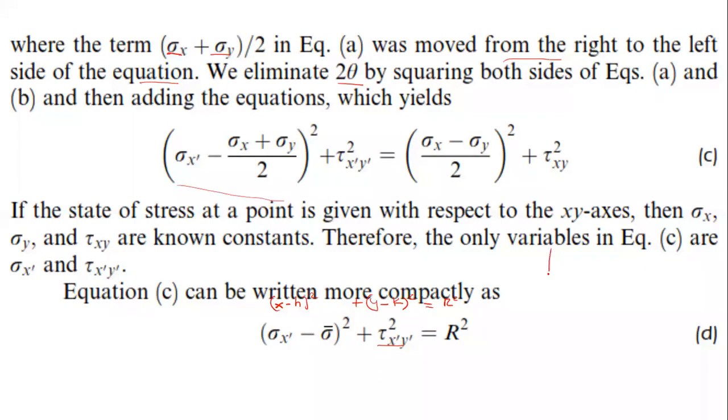In this Cartesian plane for Mohr's circle, the vertical axis is the shearing stress and the horizontal axis is the normal stress. So the diameter of Mohr's circle always runs along the horizontal, or normal stress, axis.